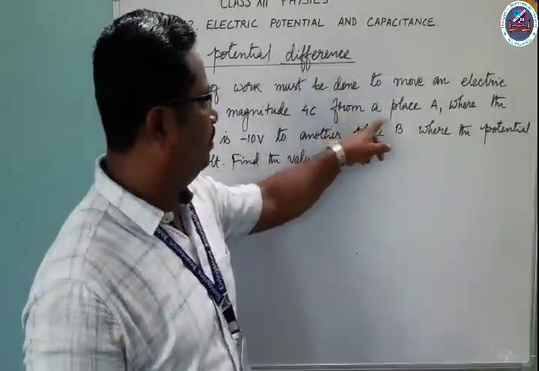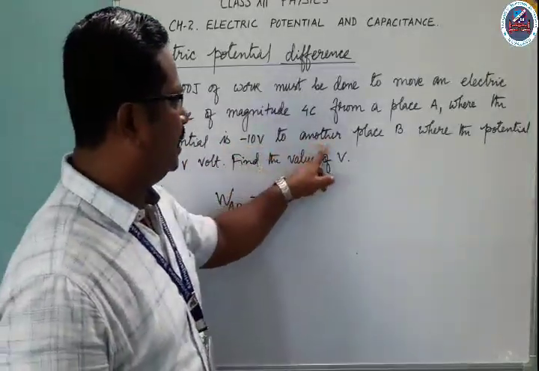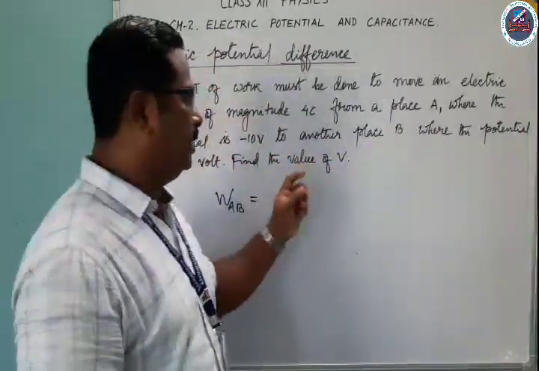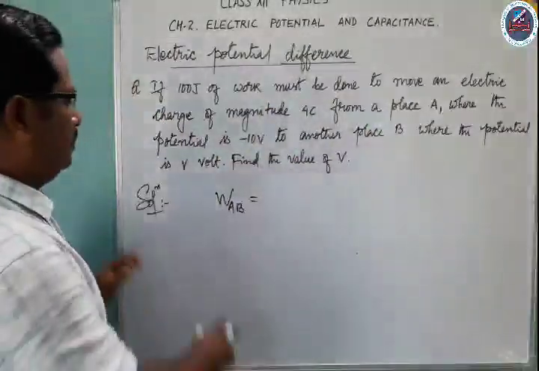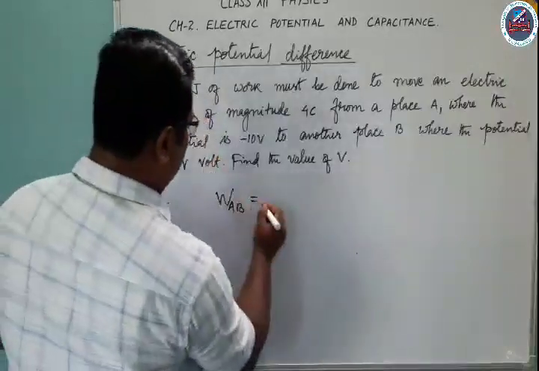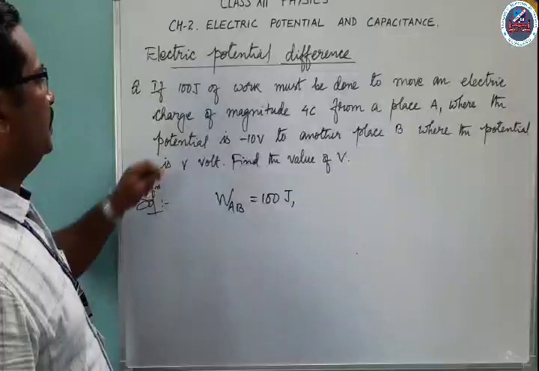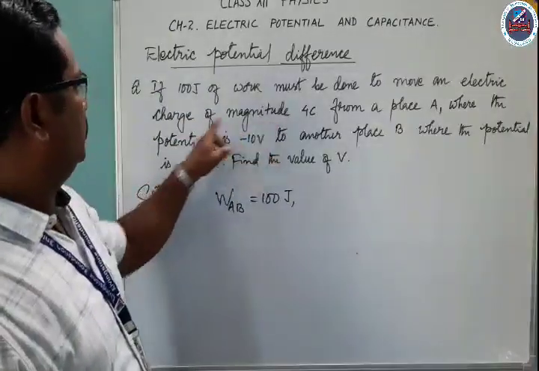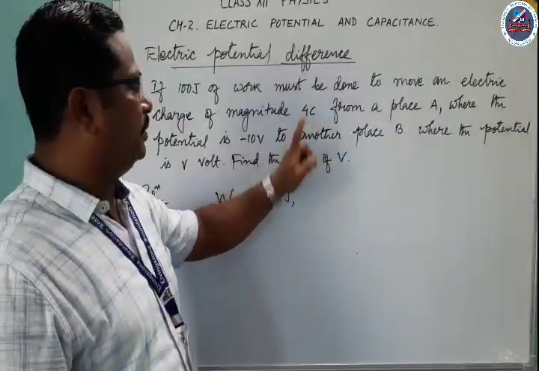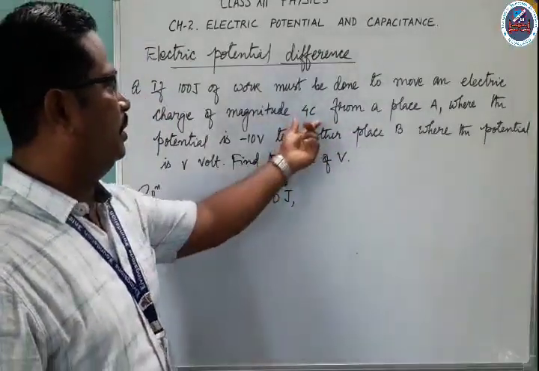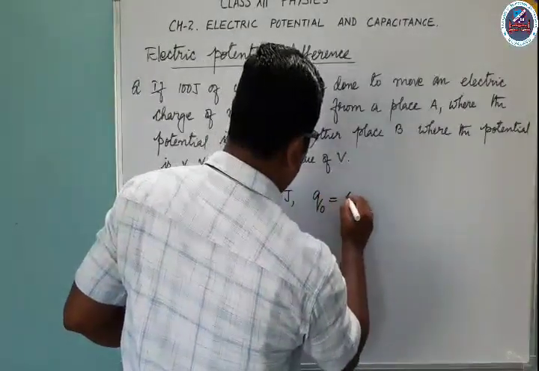So we write it as W_AB, it is 100 joule. Let us see the other values. The charge which we are going to bring is of magnitude 4 coulomb. So your test charge Q0 is 4 coulomb.